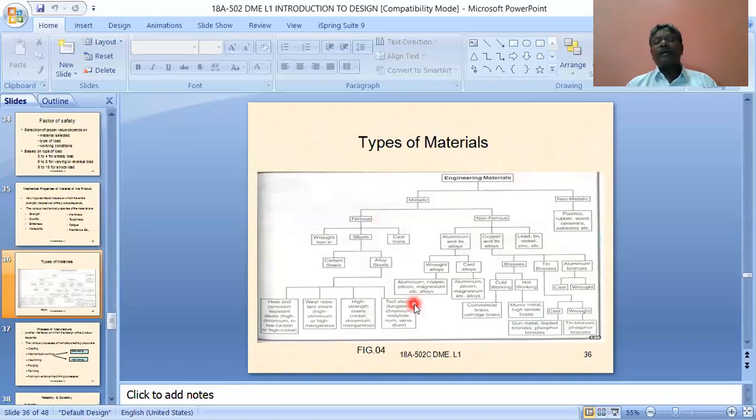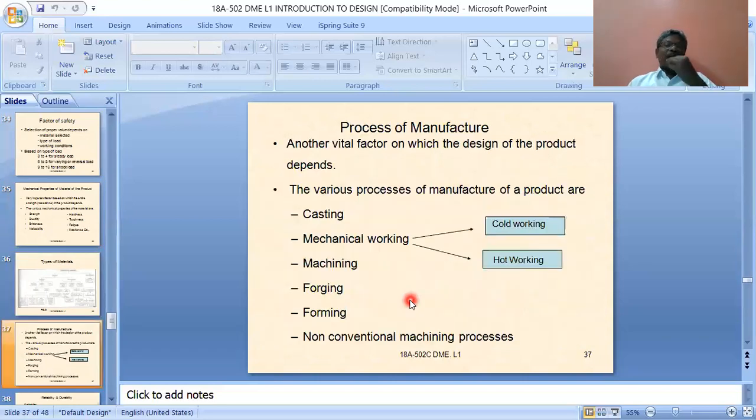And the types of materials are mainly metallic materials and non-metallic materials. In case of metallic materials, ferrous metals and non-ferrous metals are there. Now manufacturing process is another important factor.